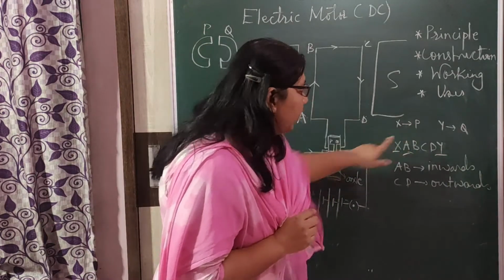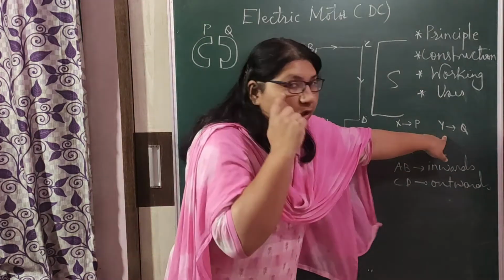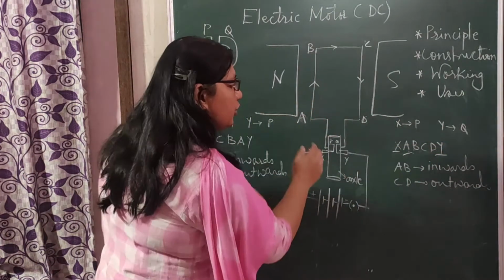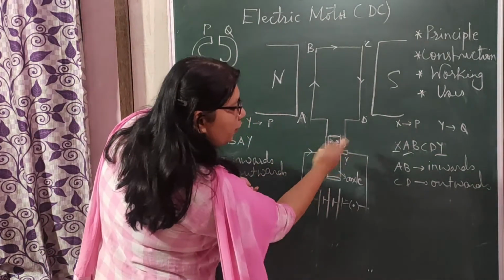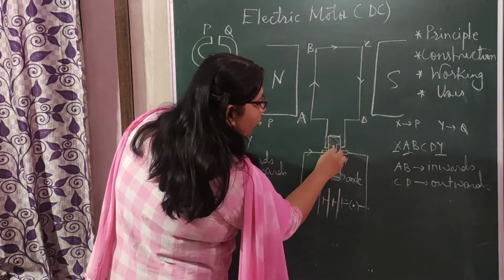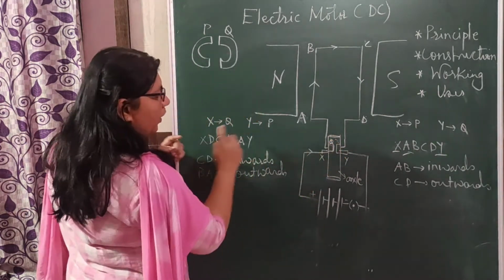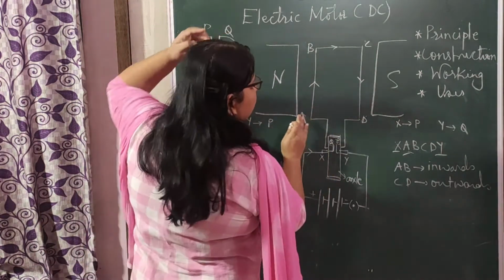Initially X was connected to P and Y was connected to Q. Now after one rotation, because it is going to rotate, X will be now connected to Q and Y will be connected to P, and this coil has turned.